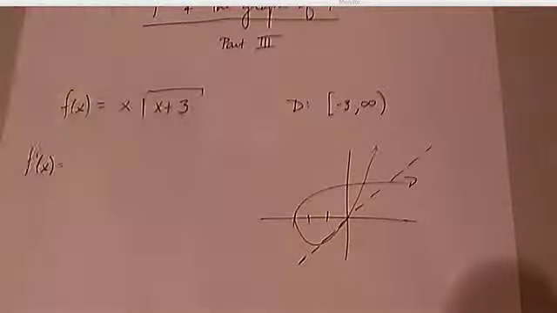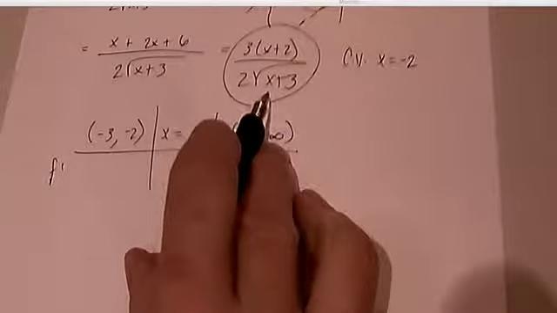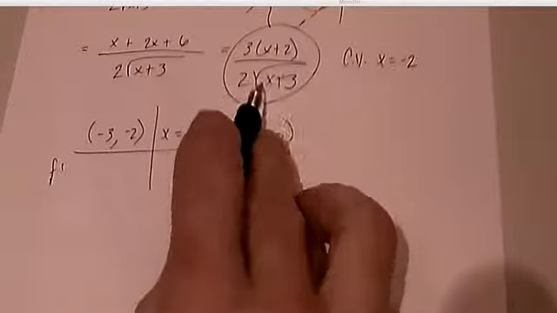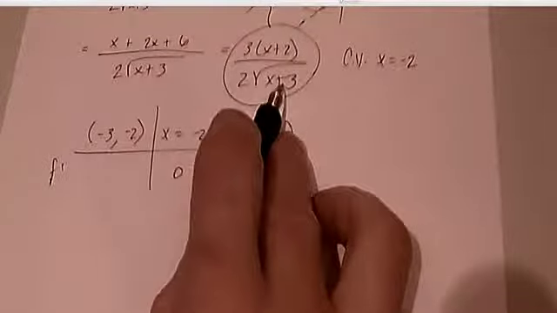Let's plop it into a sign chart. Let's go -3, and let's start with the open interval, just so we don't get confused. And we go -2 to infinity, and we're going to evaluate f prime. Now, I happen to know that at x is equal to -2, it's 0, okay? Anything that's greater than -3 is going to give you a positive radicand, and therefore a positive square root, and therefore a positive denominator.